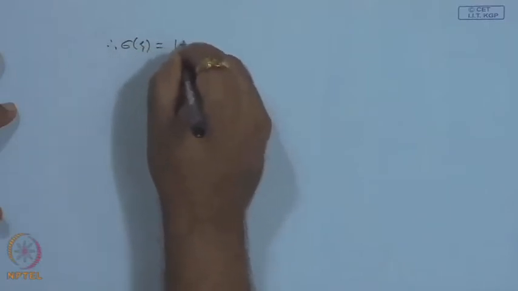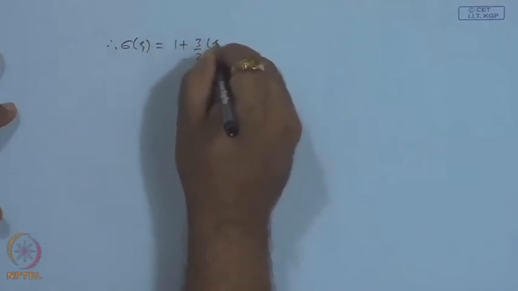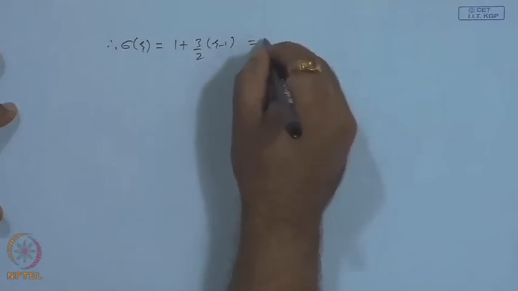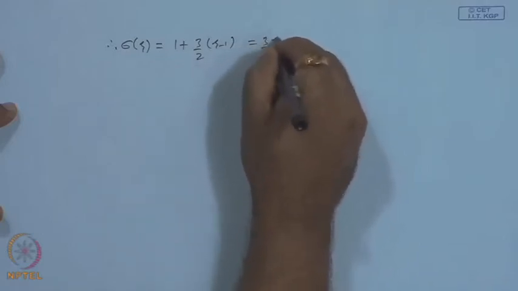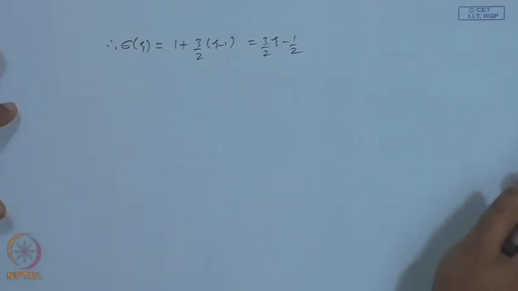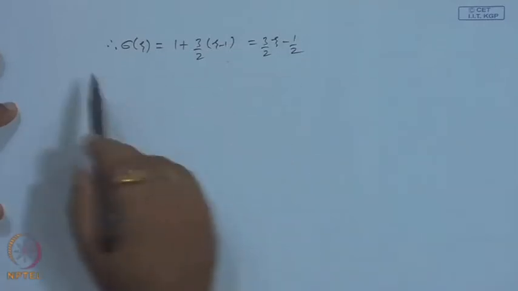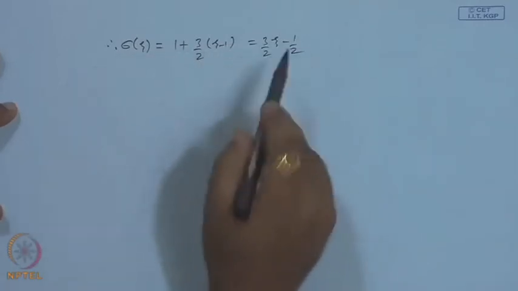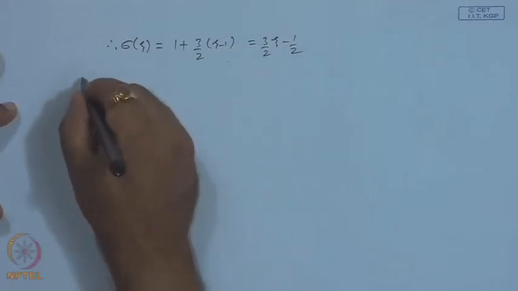So, therefore, this equals to... because of the second degree we have expanded up to that and we have got sigma.